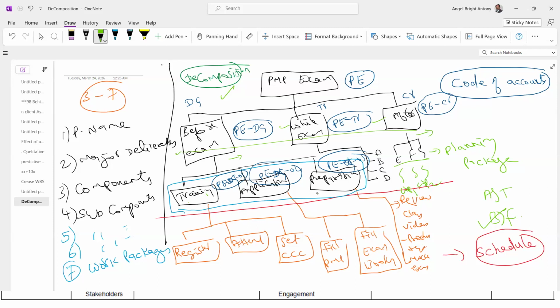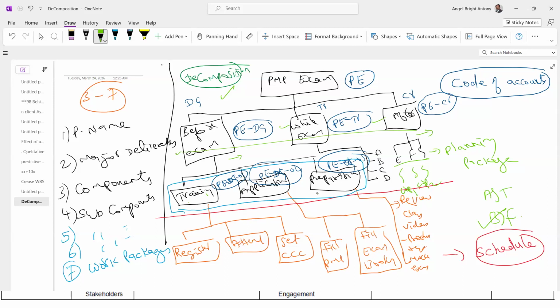What is the format, structure of WBS? Let's talk about a construction project. I can create WBS in different formats. Format 1 could be, or the structure, different structures in fact. Name of the project, that will always be level 1. Then I can put it as phase 1, phase 2, phase 3, and decompose into phase 1 details, phase 2 details, phase 3 details. Or name of the project, level 1.